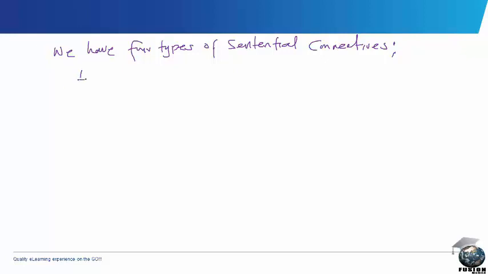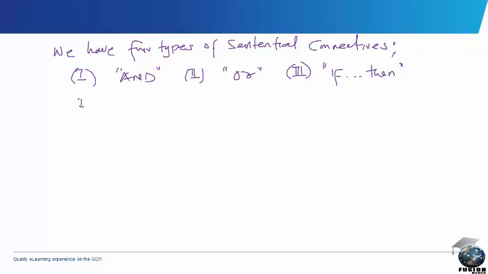Number one, the one we call the "and". Number two, we call the "or". Then number three, the one we call the "if then". And then number four is the one we call the "if and only if".